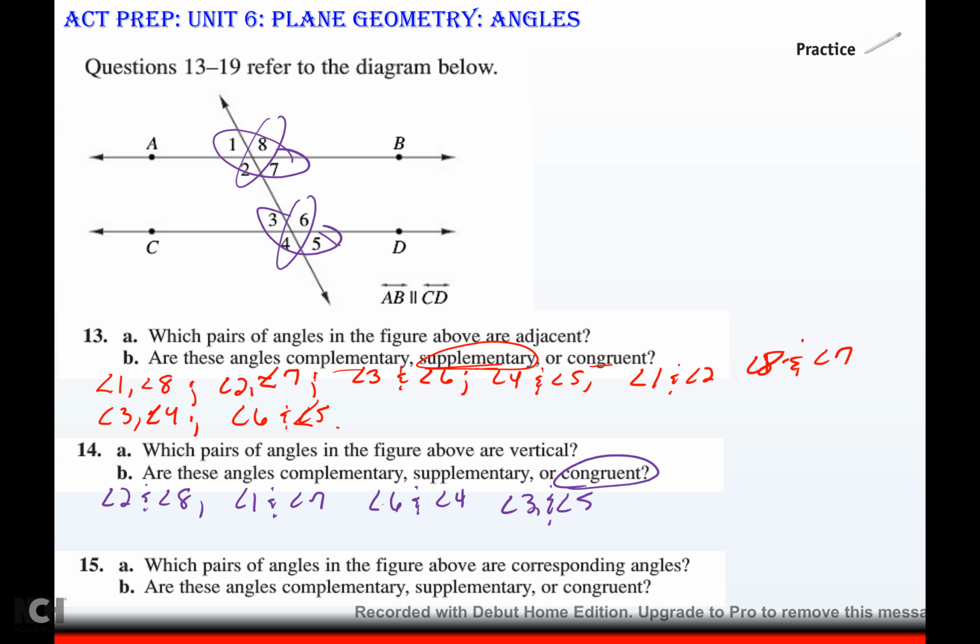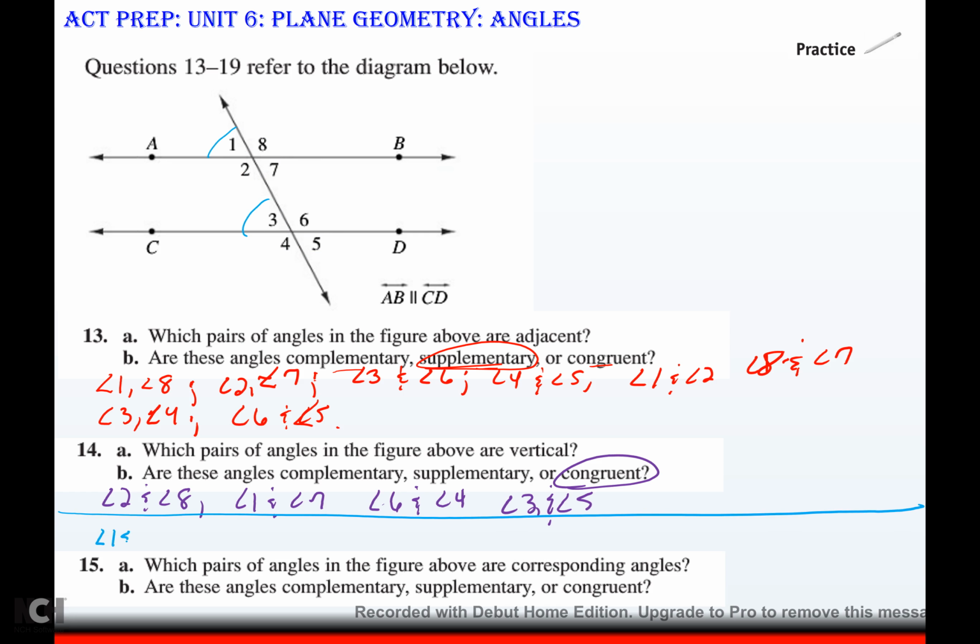Alright, 15, which pairs of angles in the figure above are corresponding angles? Corresponding angles are in the same position with respect to the parallel line. So 1 corresponds to 3, because they're both above. I'm running out of room, so I'm going to write it right here. So angle 1 and angle 3, which means 8 and 6 are corresponding.